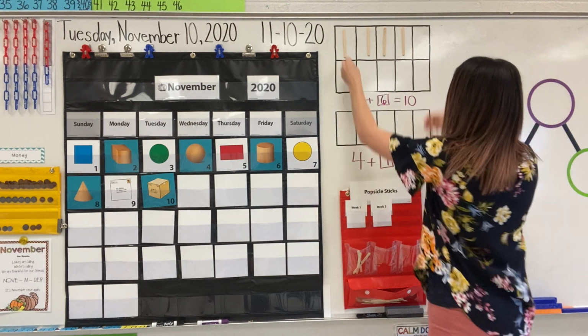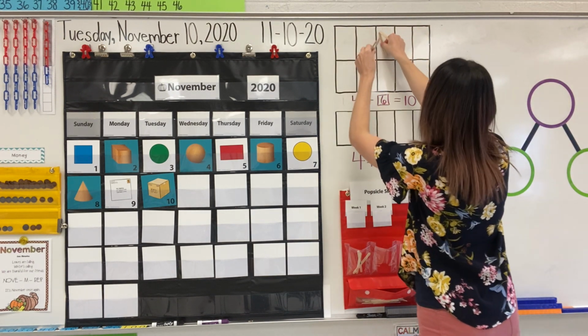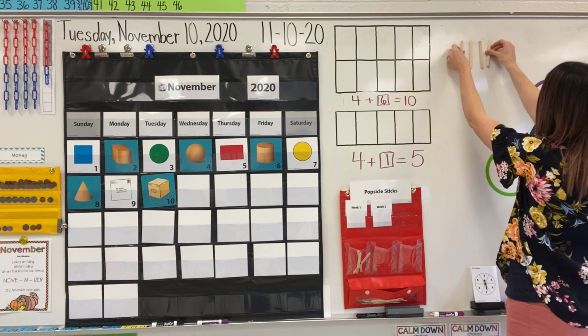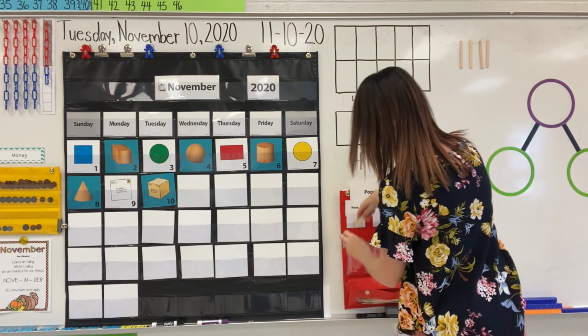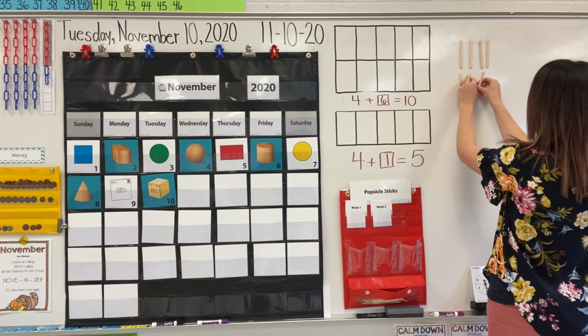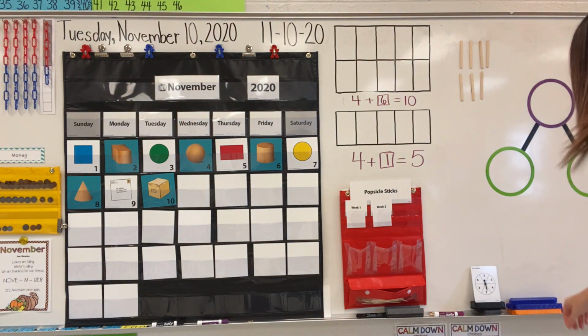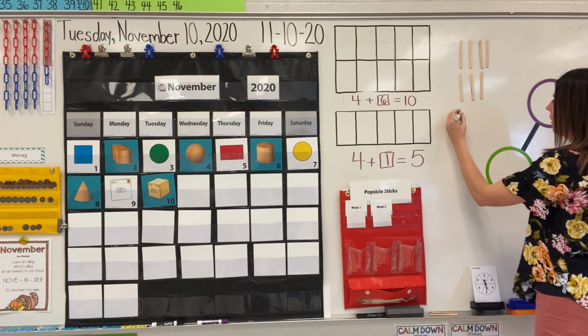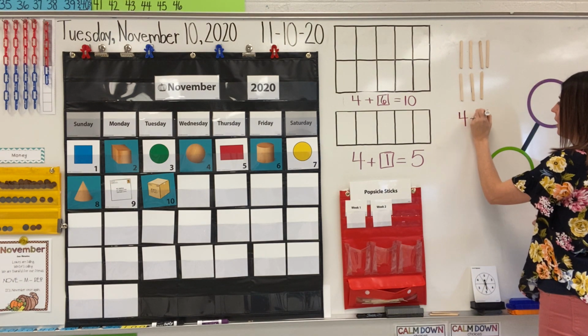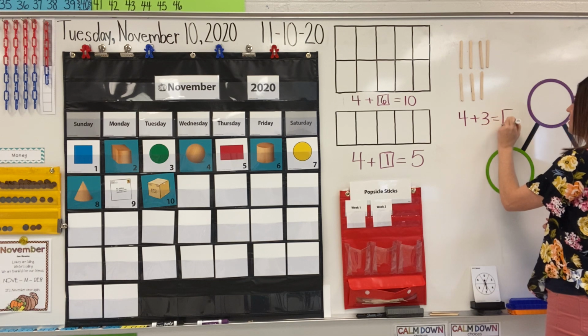Now we have 3 and 4 so far. We got 3 yesterday and we got 4 today. Does anybody know how many popsicle sticks we have all together? We had 4 and 3. How many do you think that is all together?